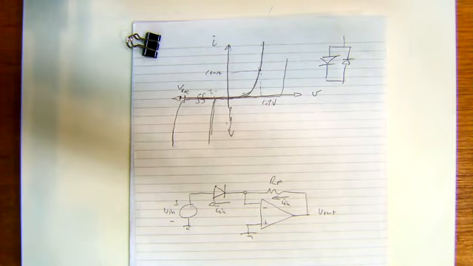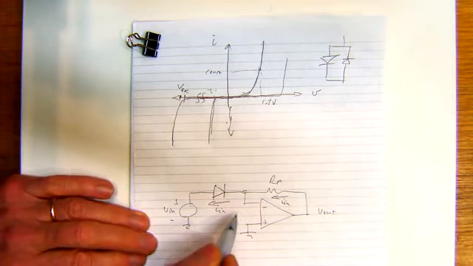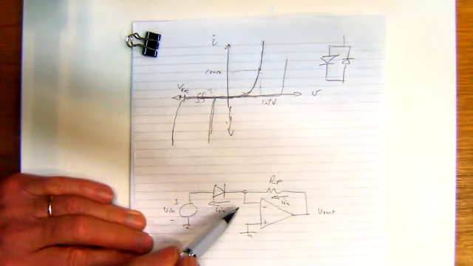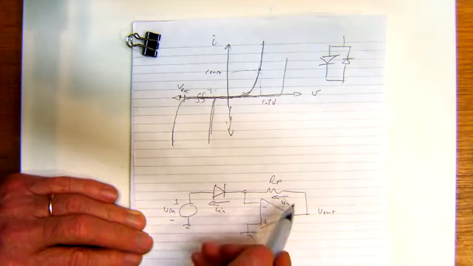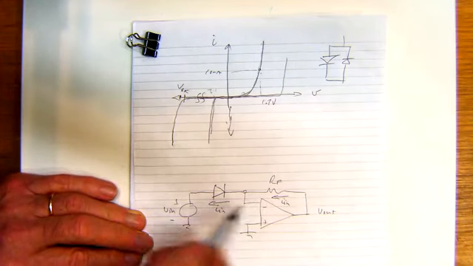Yeah, virtual short circuit. It's virtual because the current doesn't disappear down a hole. It's got to come from somewhere, this I in. So the only place it can come from is through RF.